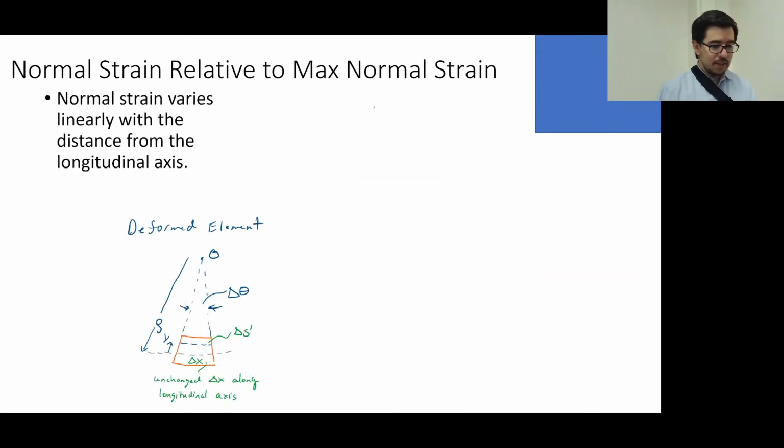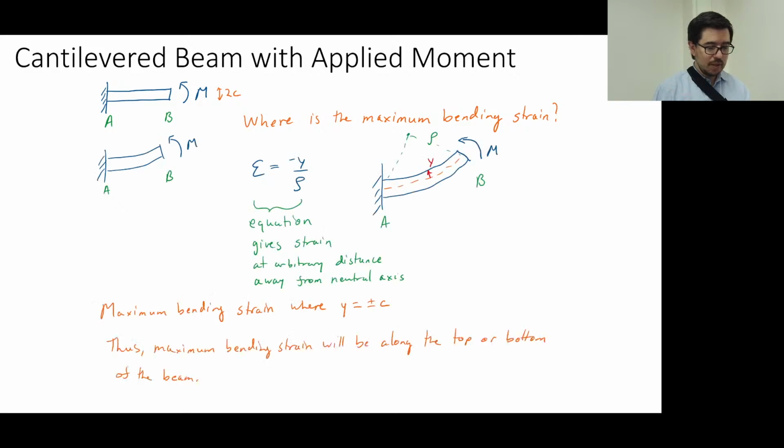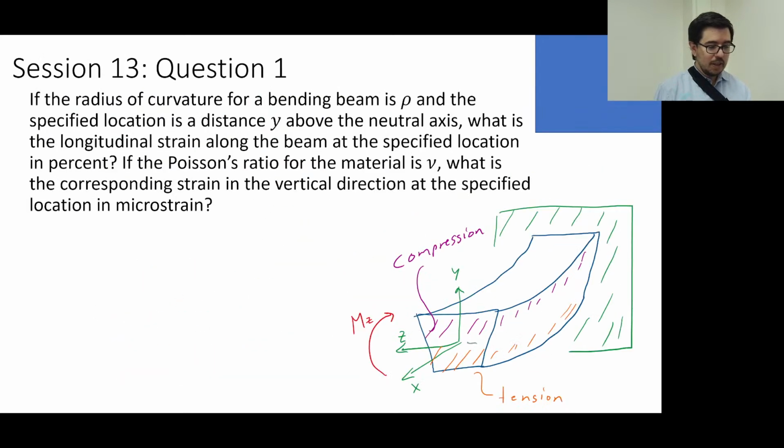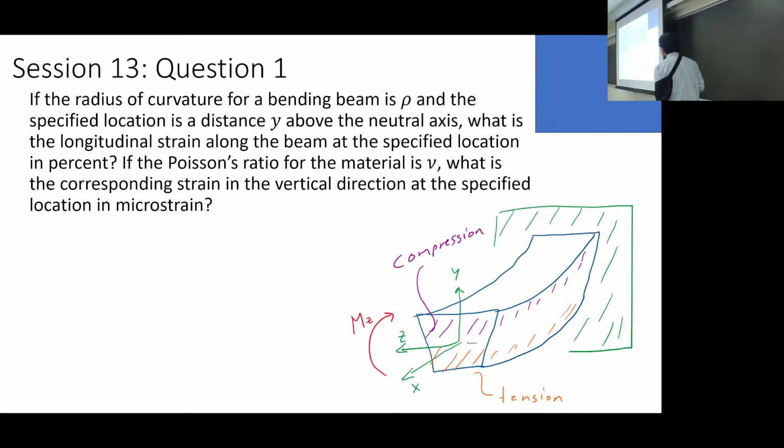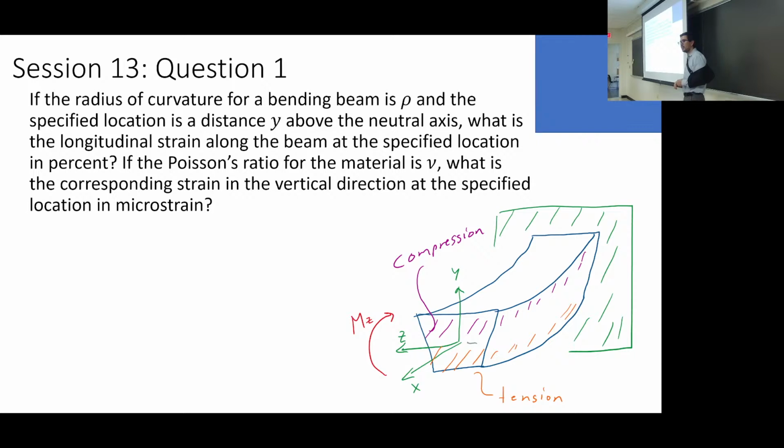Okay, so then you can go through this, you get an opportunity to answer a question. And this question, okay, is going to use what we said about this negative y over rho with a strain and the Poisson effect.